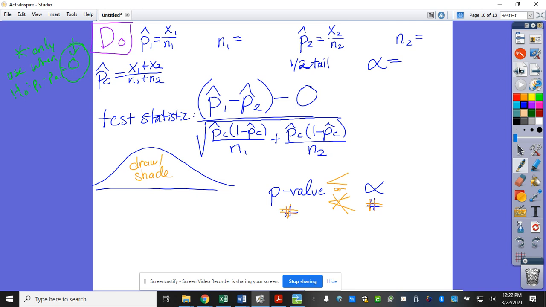So there are at least 280 red cars driving on this particular highway, and there are at least 2,050 non-red cars driving on this particular highway. So you should be fine checking conditions, even though I didn't write one out for you. We didn't technically write out conclusion, but it's the exact same thing we've ever done.